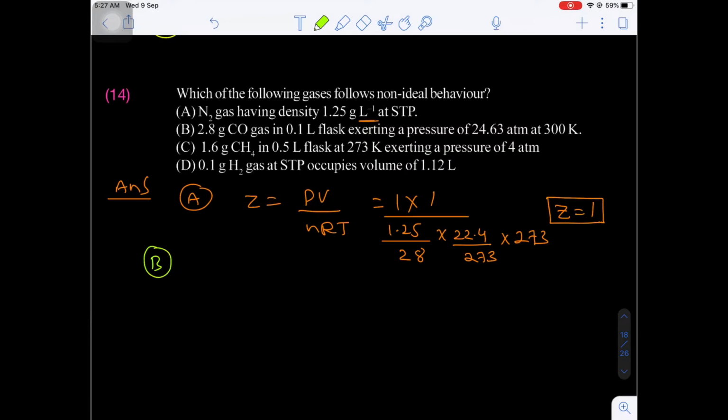So the second option we have is 2.8 grams of carbon monoxide in a 0.1 liter flask exerting a pressure of 24.63 atm at 300 Kelvin.